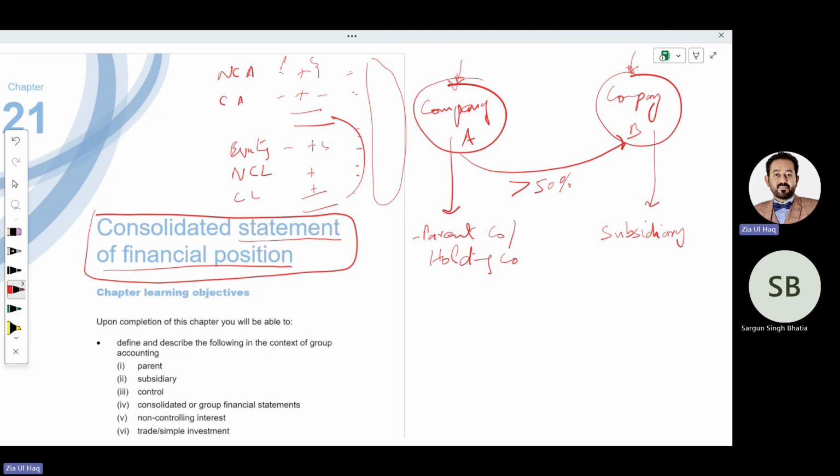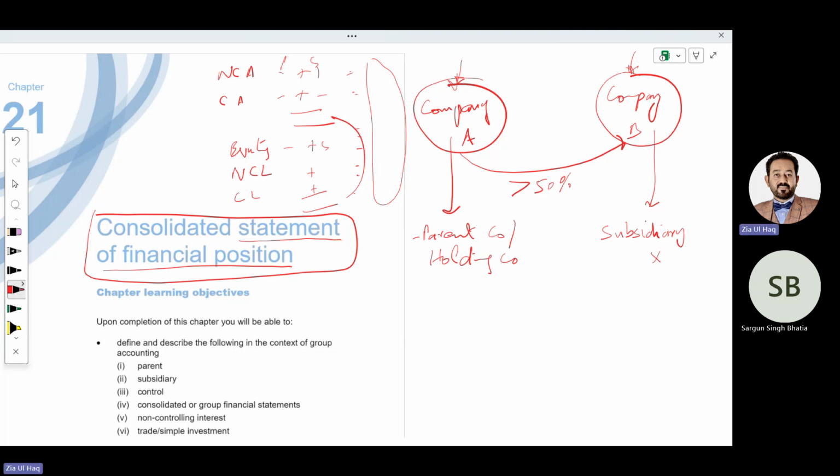When do we need to prepare consolidated financial statements? When a company has bought another company either completely or more than 50%. If less than 50%, it will not be called subsidiary. Then you don't need to consolidate their results, then you don't need to prepare consolidated financial statements.